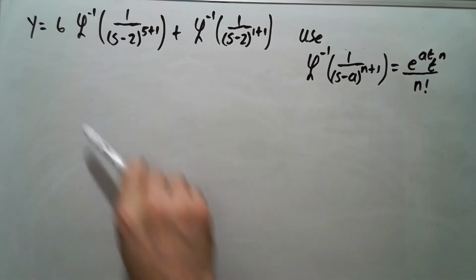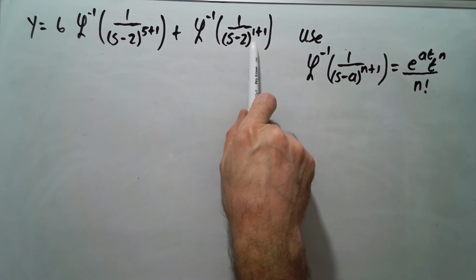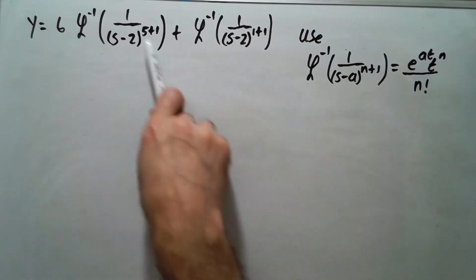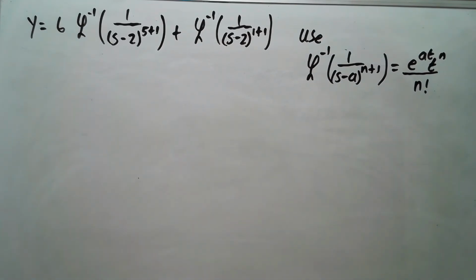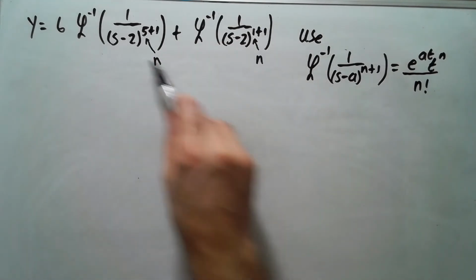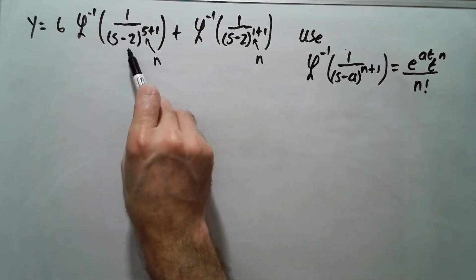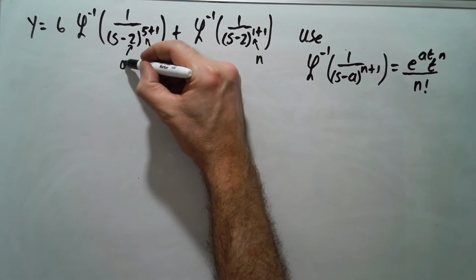Okay, summarizing, we have it here. I'm writing the 6 as 5 plus 1 and the 2 as 1 plus 1, so I can apply the formula we just derived. In the first one, the n is going to be 5, and the second one, the n is 1. And the a is 2 in both of these.